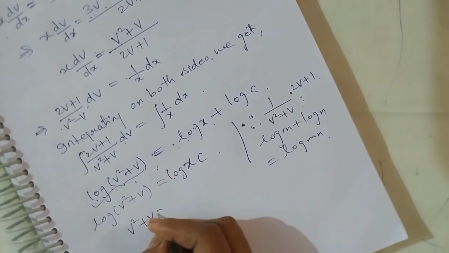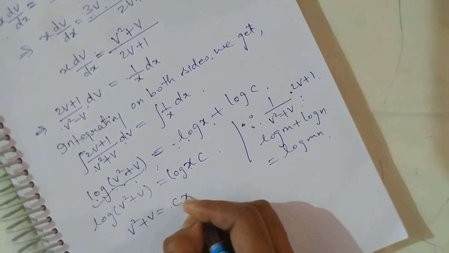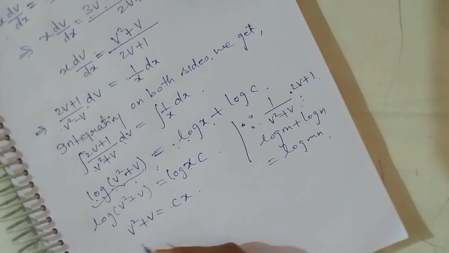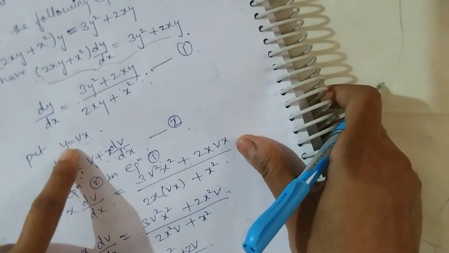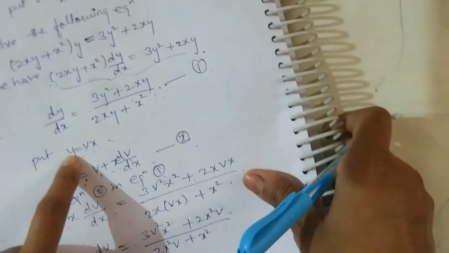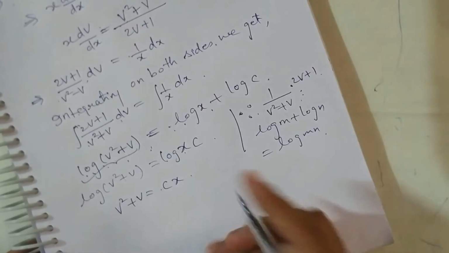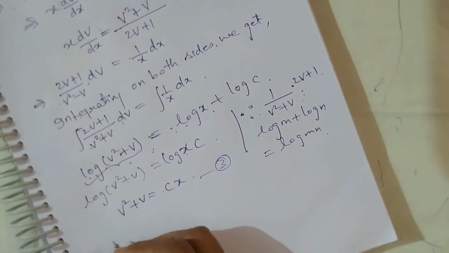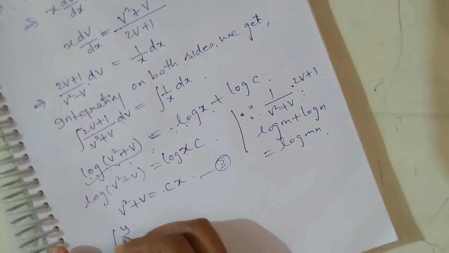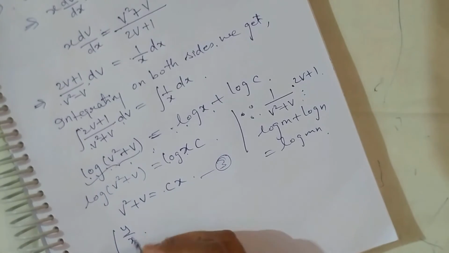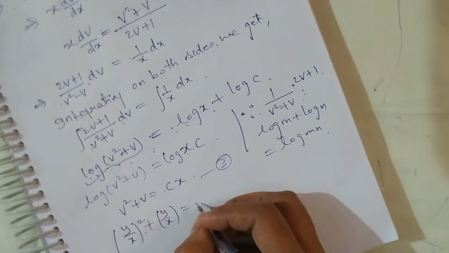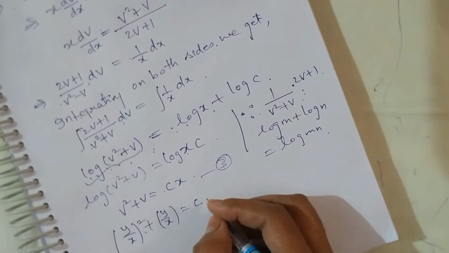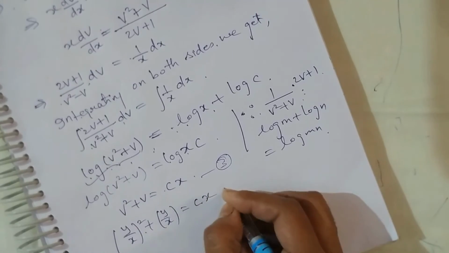Therefore, v square plus v is cx and the value of v is y by x. From this, put this in equation third, we get y by x whole square plus y by x is equals to cx.